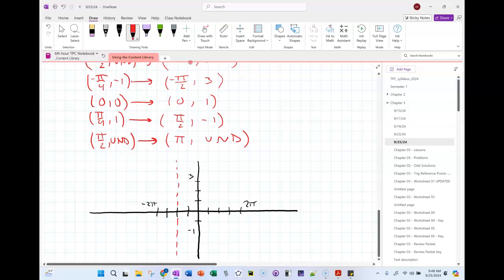Again, the asymptotes are the undefined parts. And then positive pi. So I always draw that. I like to draw my asymptotes first. Is that okay with everybody? And then I have negative pi over 2, 3, 0, 1, and then pi over 2, negative 1.